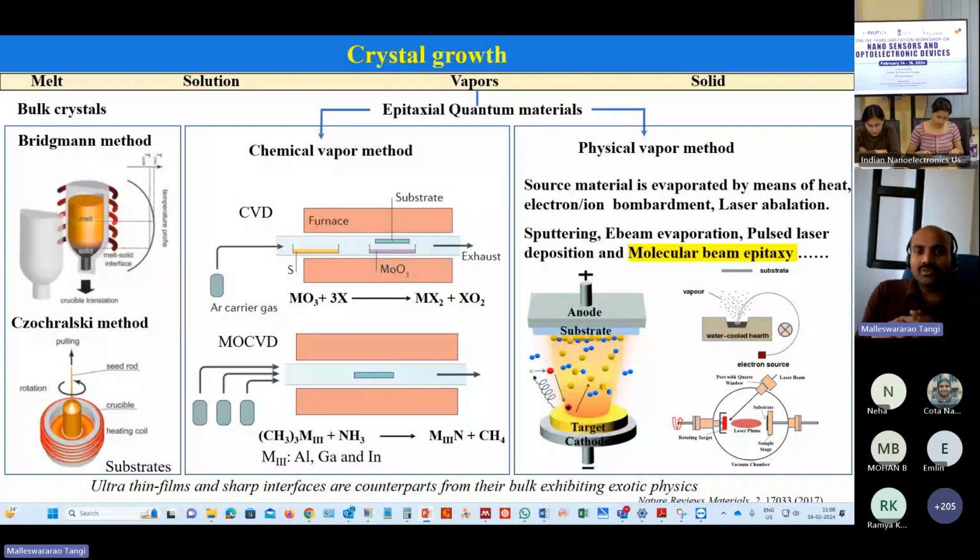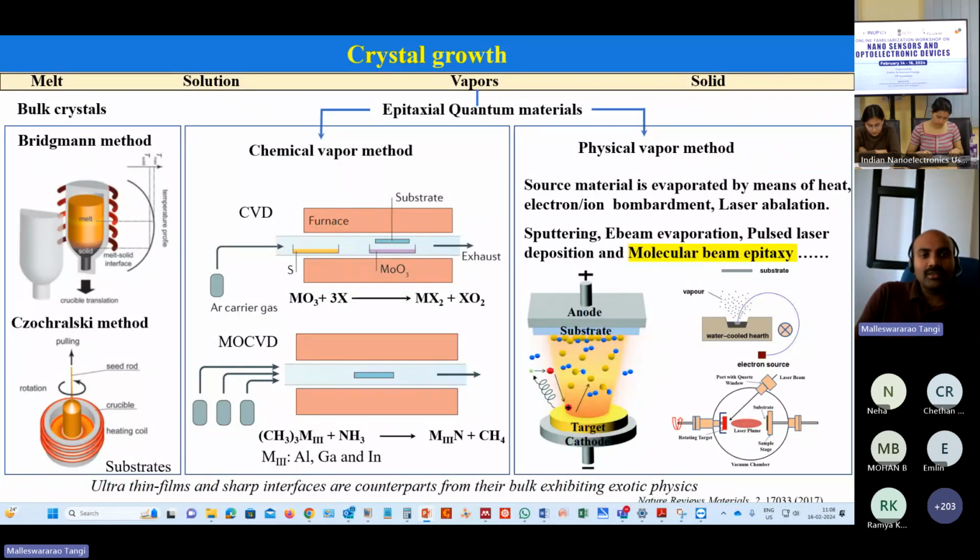In order to achieve these technological applications, one should have proper materials, either semiconducting, magnetic, or battery materials. For that, we need crystal growth. Crystal growth methods are of a few types: melt, solution, vapor, and solid methods.